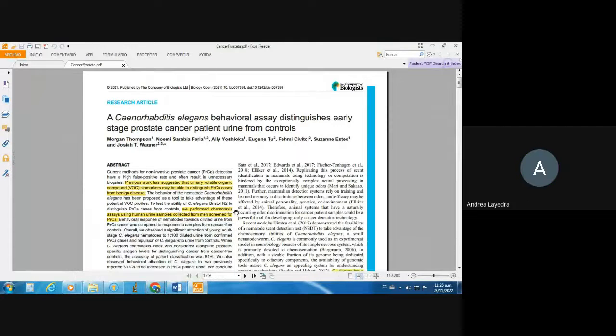Okay. Thanks, Cami. Well, today I will talk about this article called C. elegans behavioral assay distinguishes early stage prostate cancer patients' urine from controls.